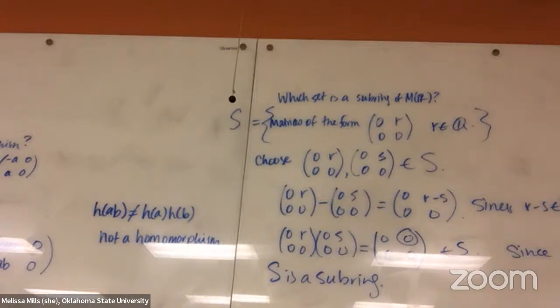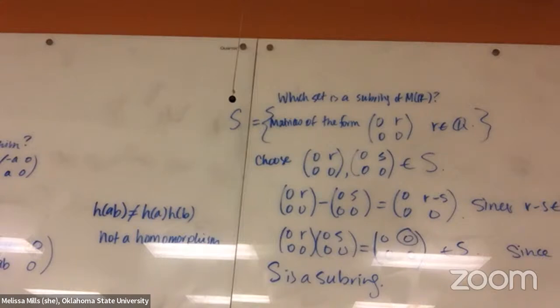So this S is the set of all matrices of that form, where a is a real number. Does it end up being a subring? Yes, I think the multiplication works out, and it does have an identity element, which is (1, 0; 0, 0).